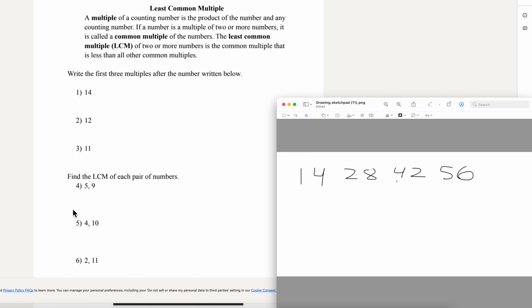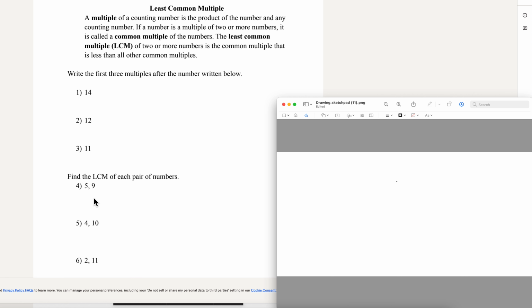Okay, find the LCM of each pair of numbers. Let's do number 4. 5 and 9.